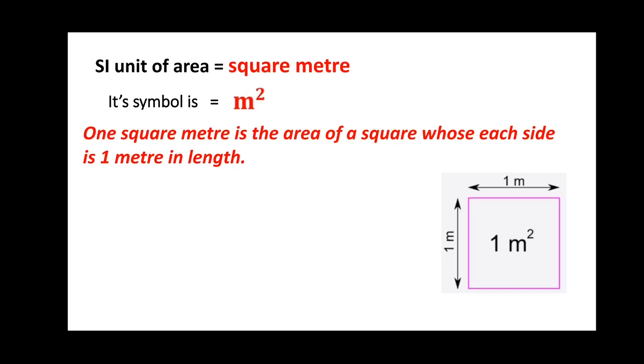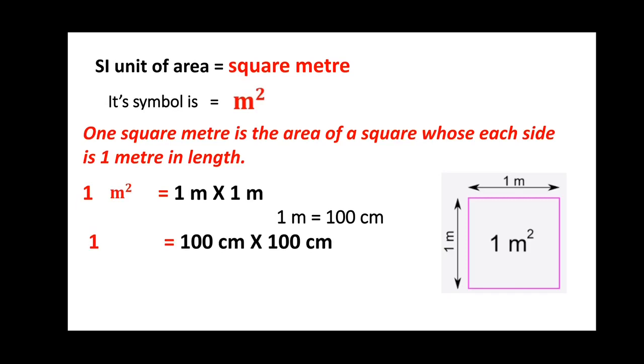1 meter square. Now, for converting meter square to centimeter square, just have a look at here. We can write 1 meter square as 1 meter multiplied with 1 meter. We know that 1 meter is equal to 100 centimeter. So, 1 meter square is equal to 100 centimeter into 100 centimeter.